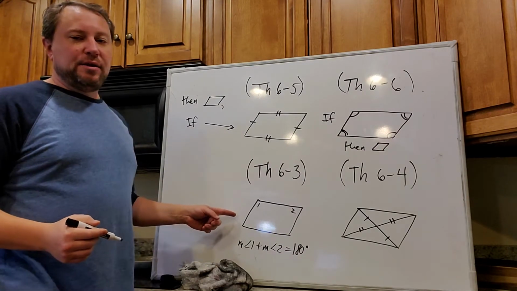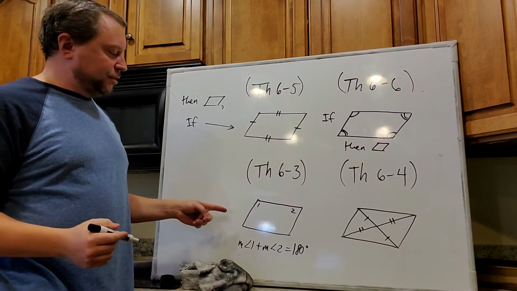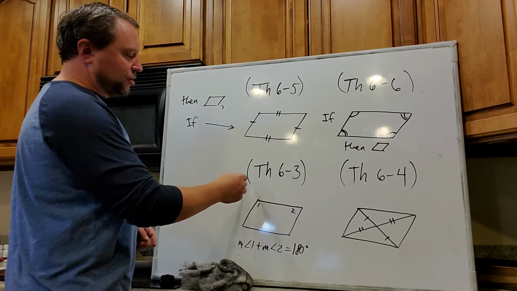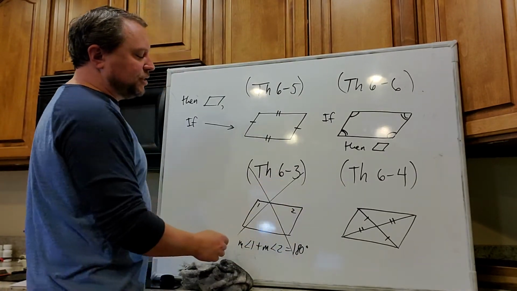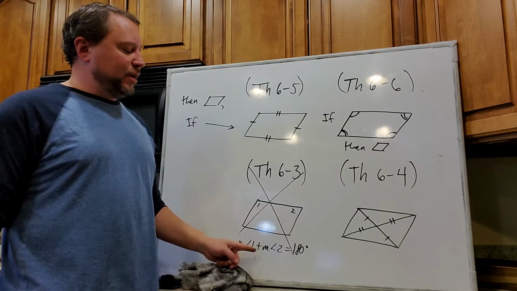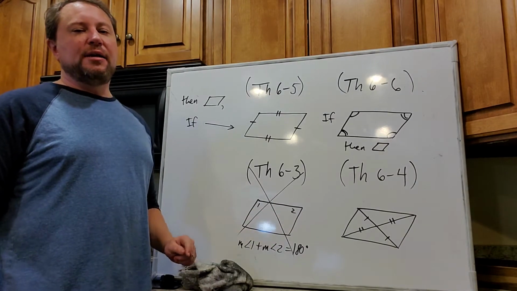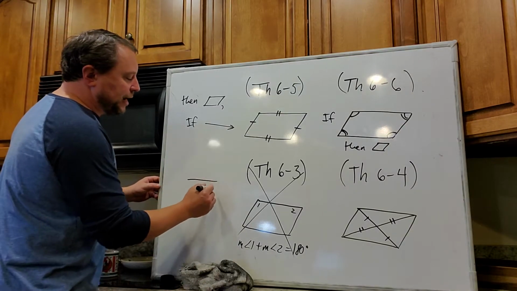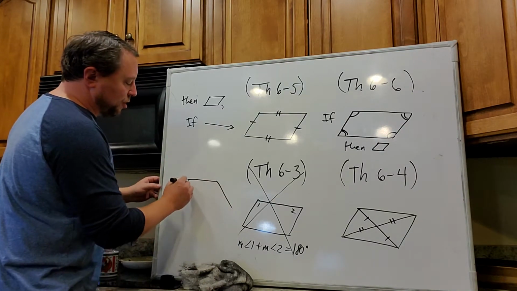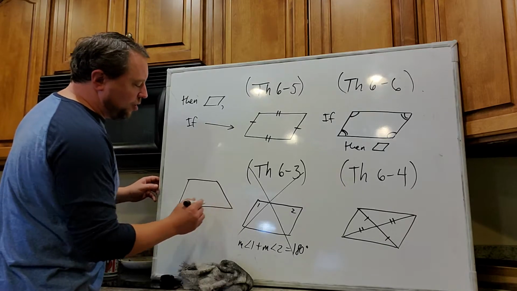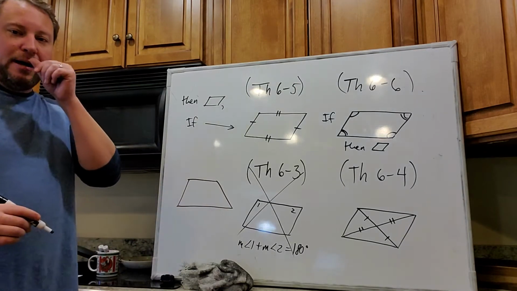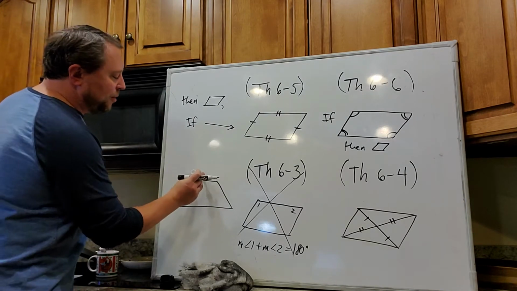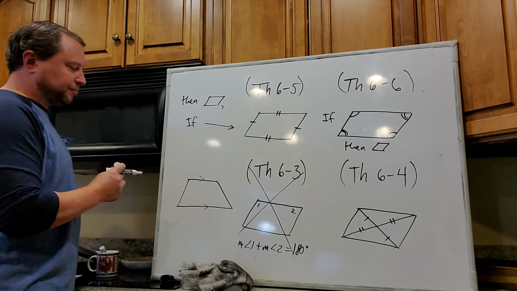This idea in theorem 6.3 of our previous section is the one that does not work in reverse. You cannot just say that if consecutive angles add up to 180, then it'll be a parallelogram, because after all, here's our counterexample that proves it wrong. What if I were to draw up here a trapezoid in which the top and bottom are parallel?